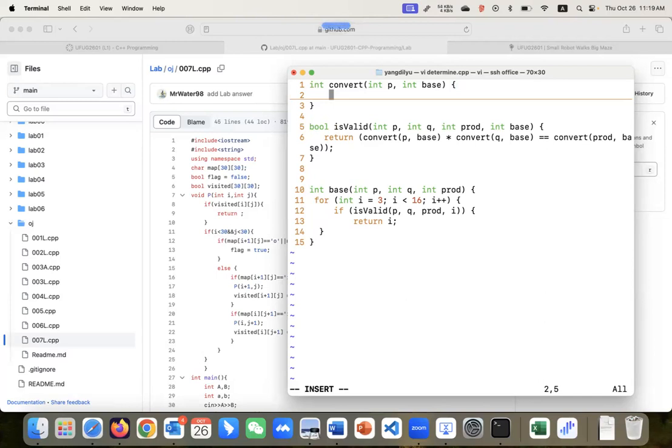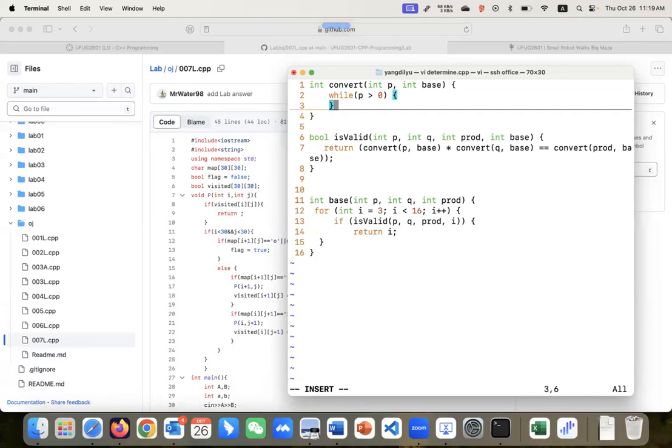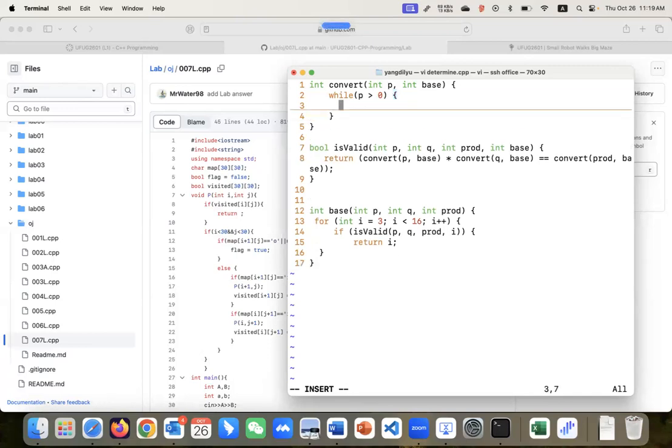The first question is, how can we split? We have a for loop, or maybe a while loop. A while loop, P is greater than 0. If it's greater than 0, we can get the last digit of P. We can say int last digit would be P mod 10.